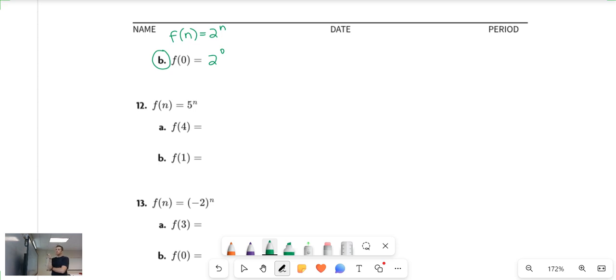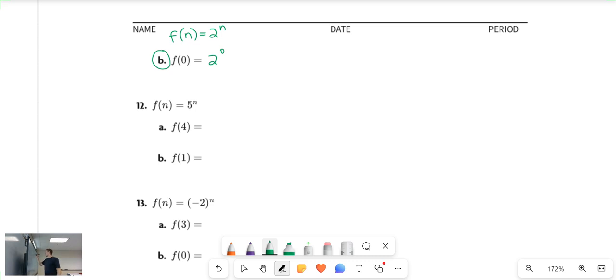Well, it's a little tricky, but you can remember that any non-zero number, whether it's positive or negative, when you raise it to the 0, or multiply it by itself 0 times, becomes just positive 1. And the reason that makes sense is that it's really like you have 1 times 2 some number of times.